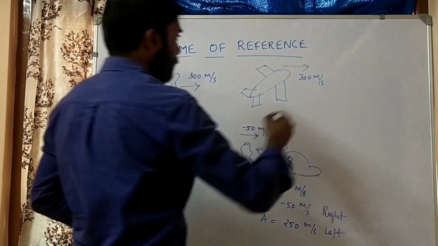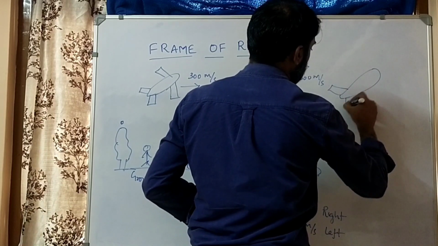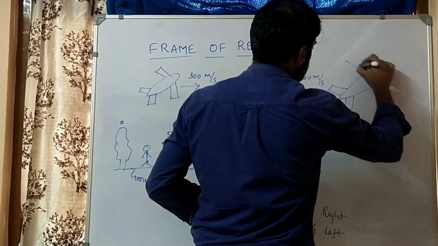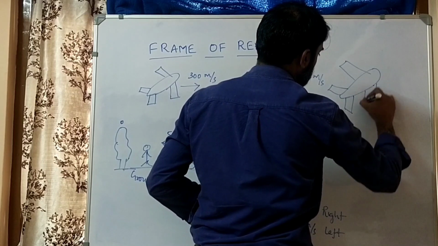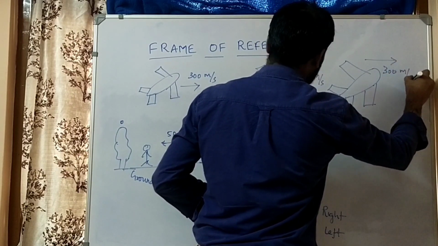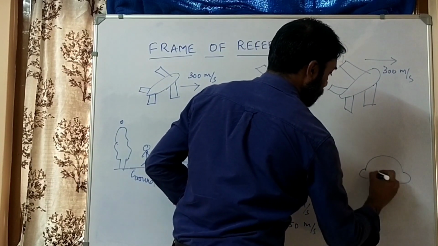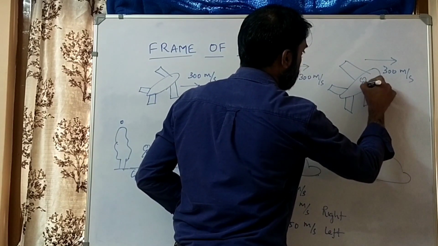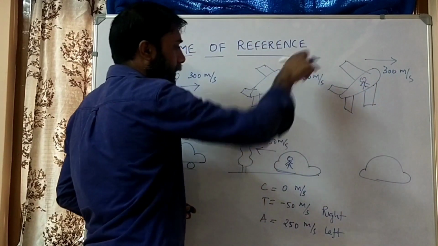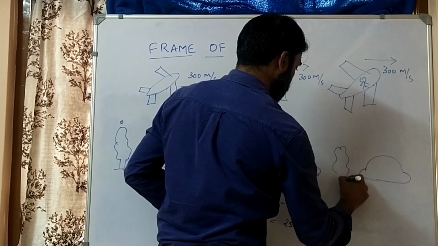Now in the same situation, take that you're sitting inside the aircraft. The aircraft is moving 300 meter per second, and your car is there. Now the frame of reference is the aircraft. You're inside the aircraft. The car is there, and the same tree you're observing.